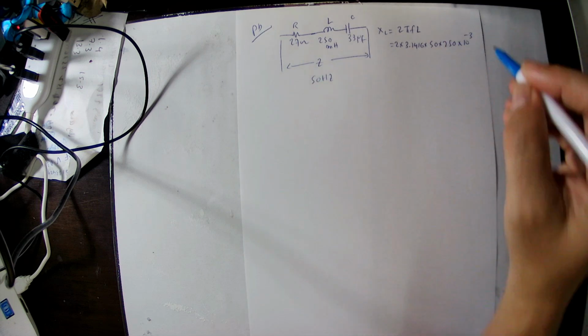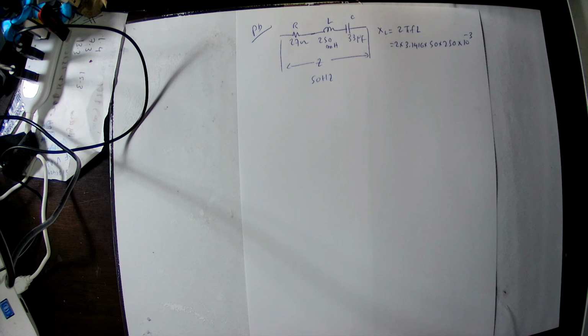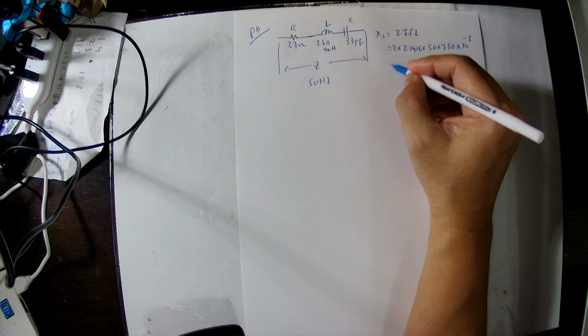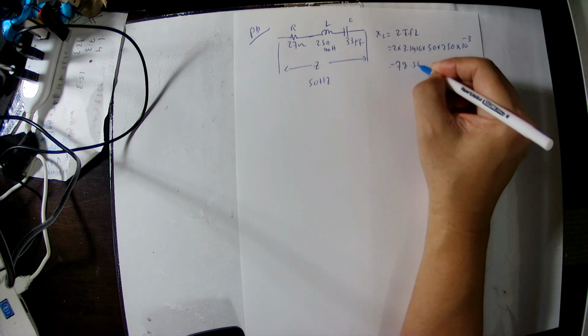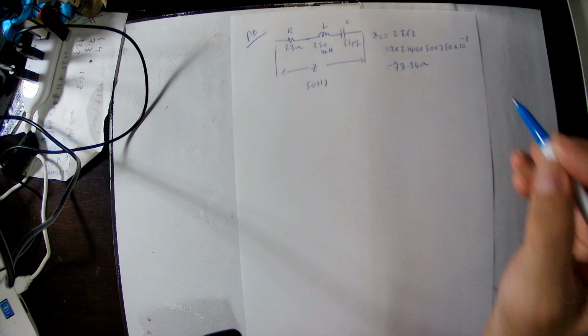So 2 times 3.1416 times 50 times 250 divided by 1000. This is the way we can find XL. So you get 78.54 ohm. Inductive reactance is 78.54 ohm.